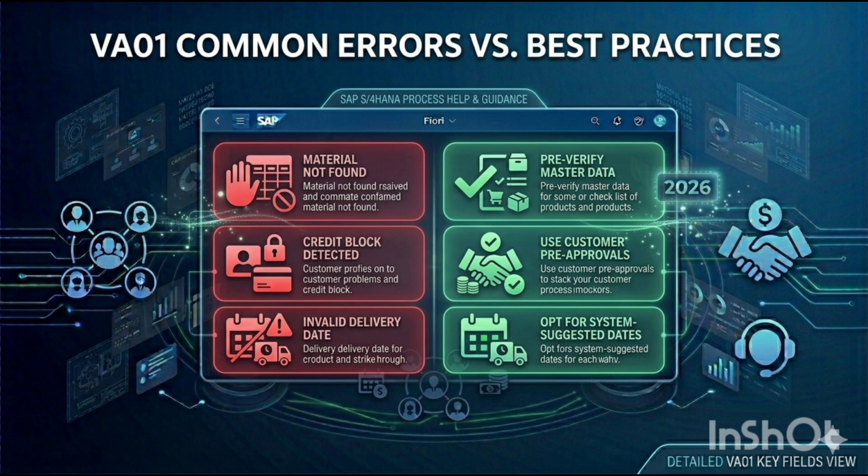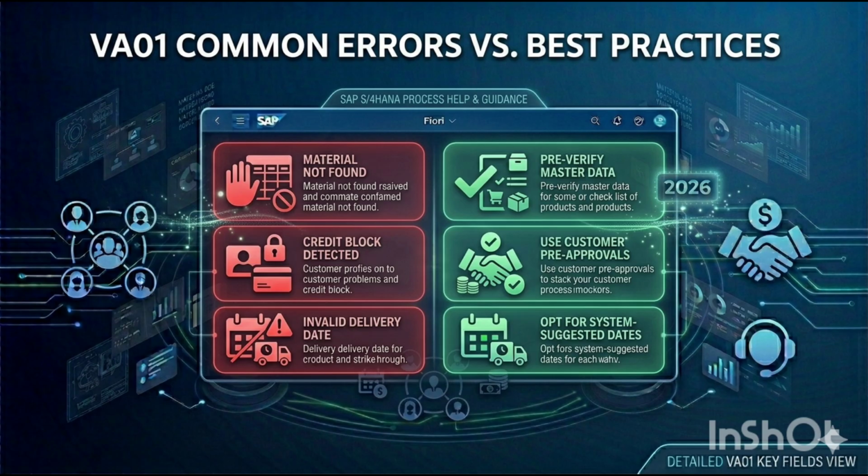Beginners often face some common issues in VA01, such as entering incorrect customer or material numbers, missing organizational data, wrong delivery dates, skipping availability checks or ignoring credit blocks. To avoid these problems, always double check master data, use standard order types when possible, ensure complete customer and material masters are maintained and regularly validate pricing.